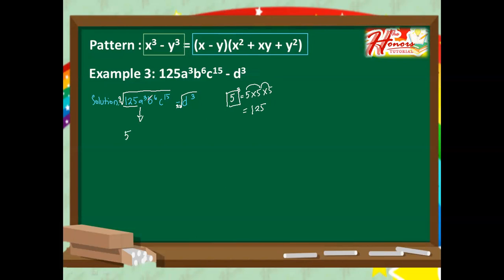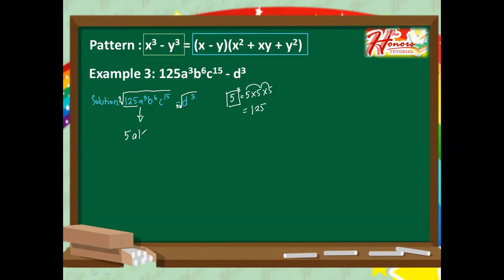And then for a cube, you have to divide the exponent by your index. So we have here 3 divided by 3, that's 1. You can write a raised to 1 here, but my suggestion for you is to write a only. It is because when your exponent is 1, we are letting it be invisible. So we are going to write a instead.